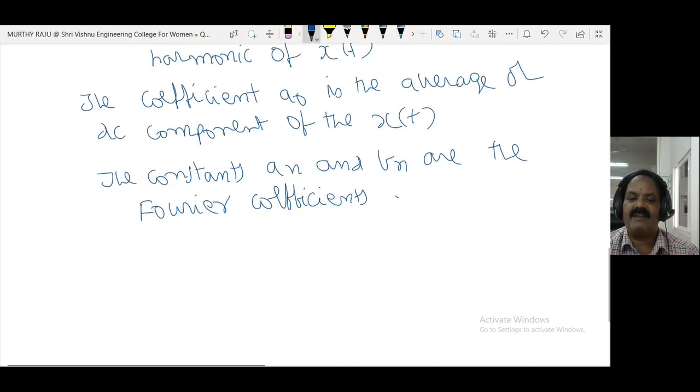The Fourier series of a periodic function x of t resolves x of t into a DC component a naught and AC components comprising an infinite series of harmonics of sinusoids.